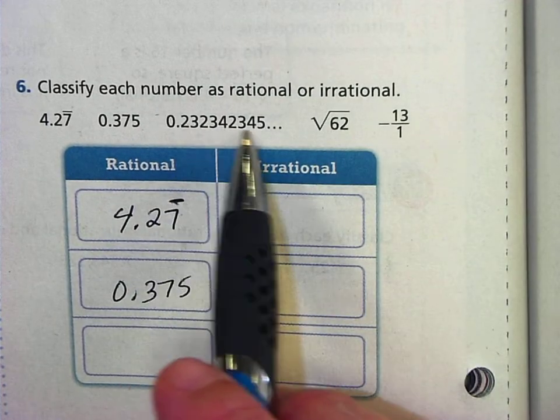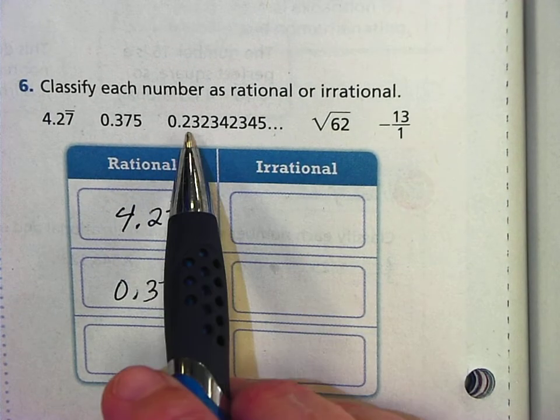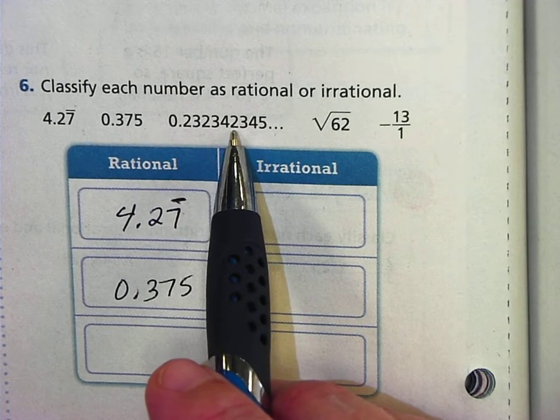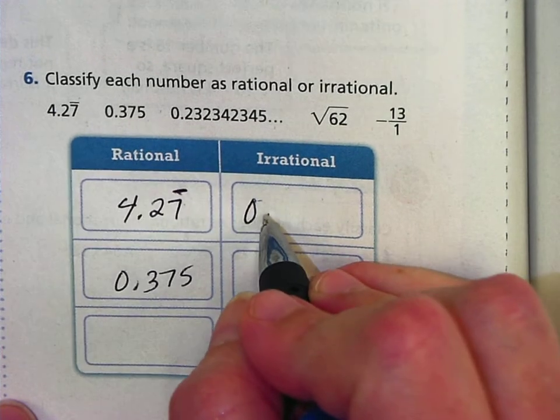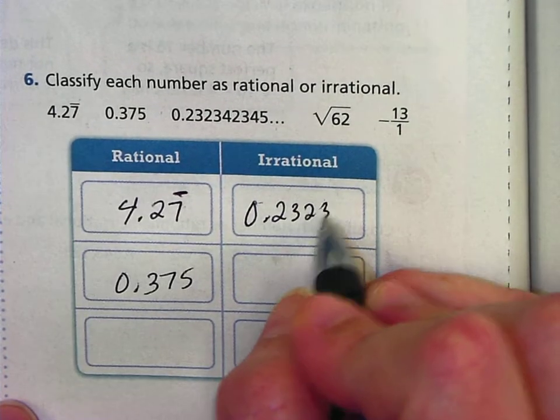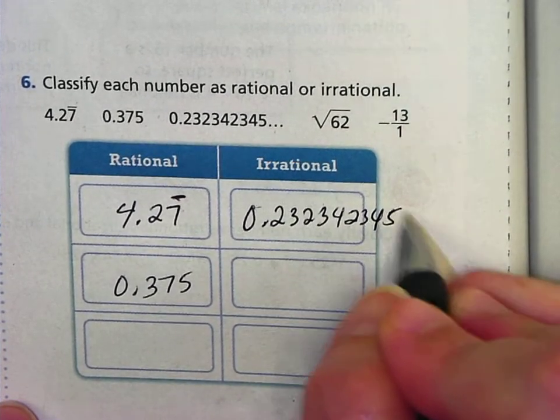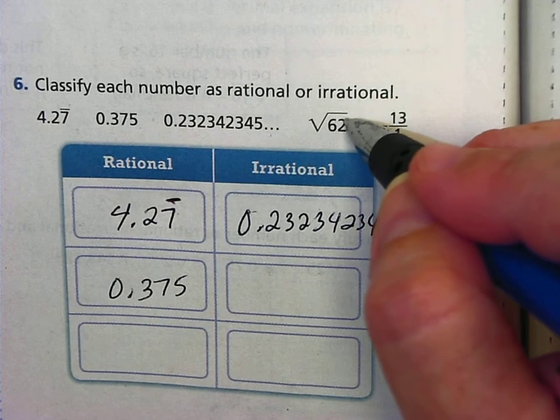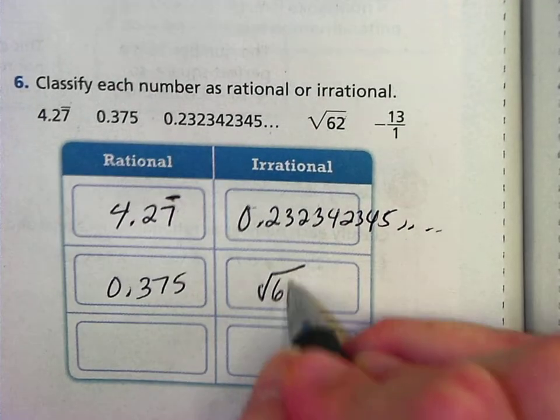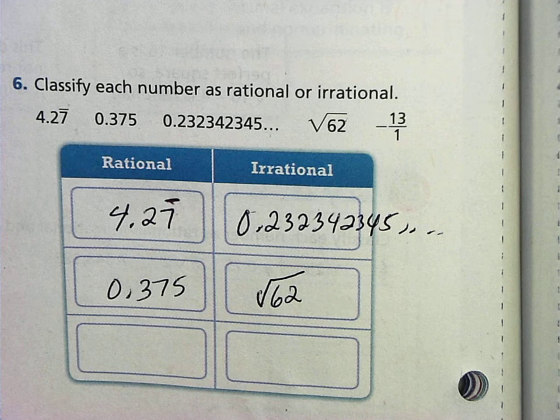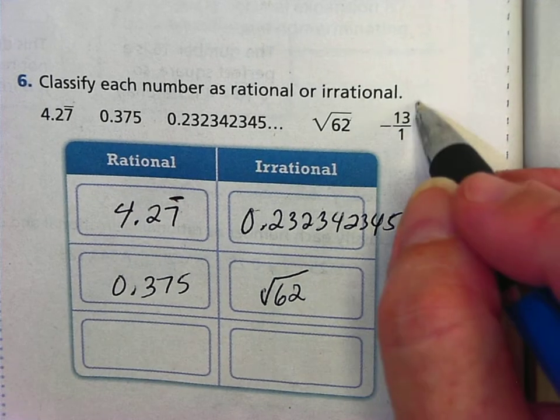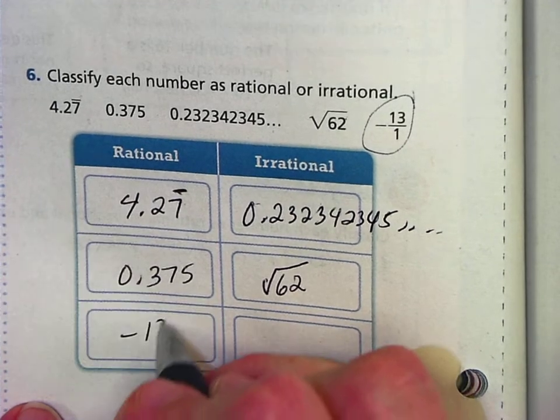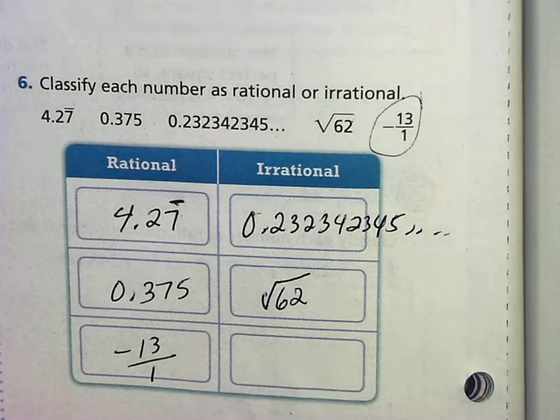Decimals that never end and have no pattern, 2, 3, 2, 3, 4, 2, 3, 4, 5, so the same pattern is not happening. Those are irrational. Square roots that are not perfect squares are irrational. If I plug in the square root of 62 into the calculator, it's not going to give me a whole number. It's going to give me a never-ending decimal. Fractions are rational. Remember, that's on the rational list.